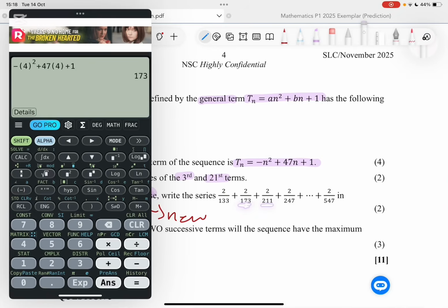Then if I put a 5 here, I should get 121. And if I put here the 6, I should get 147. And obviously we know this will continue just like that. There are other terms in between until we get to T21, which we found in the previous question to be 547, as it appears here.